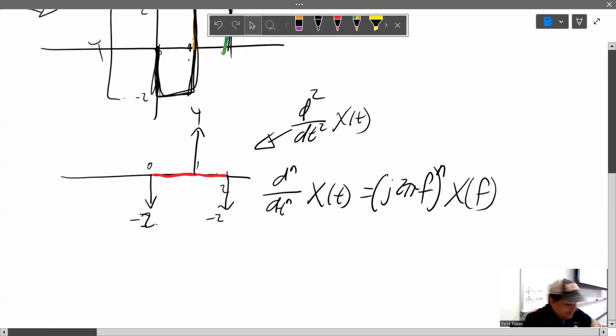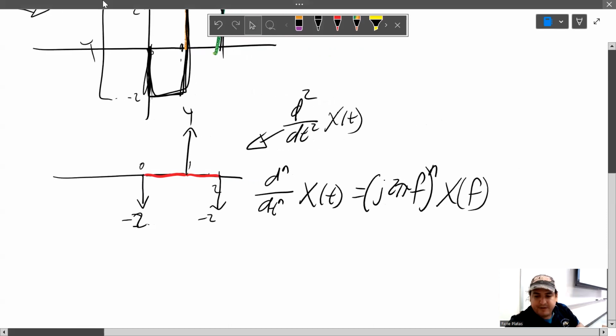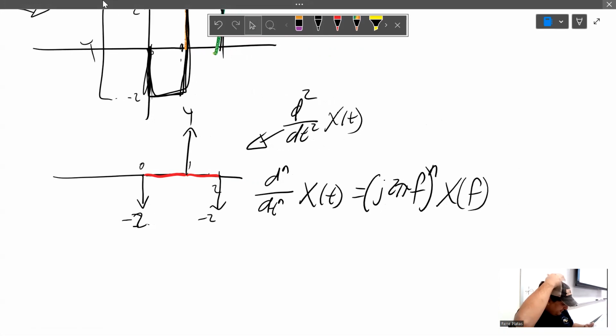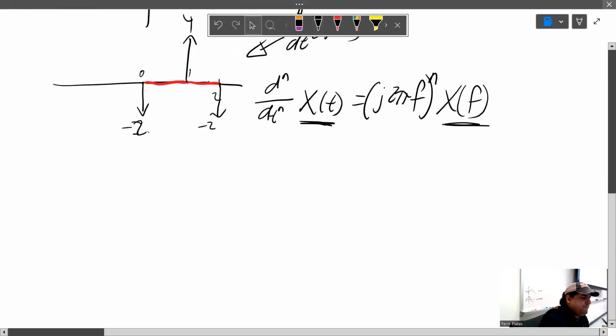If you don't find it, find it later. It's under the Fourier transform theorems. Differentiation theorem, it's the second to last one. So here we have our x(t) in terms of time, and here we have our X(f) in terms of frequency.